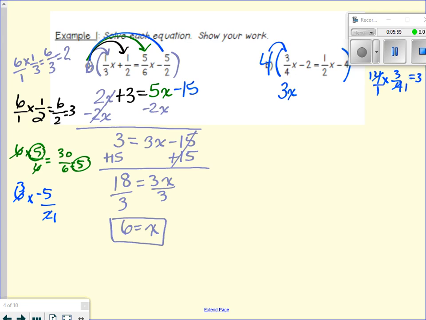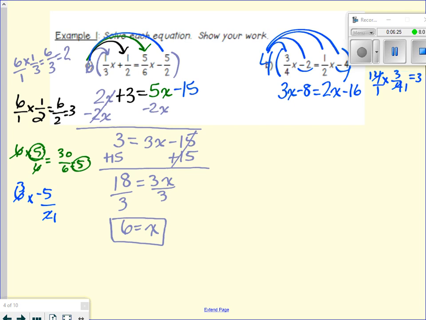Remember, there's a 1 underneath. 4 times a negative 2 is negative 8. 4 times 1/2 x, half of 4, is 2x. And 4 times negative 4 is negative 16. Make sure you're multiplying everything inside the entire equation.